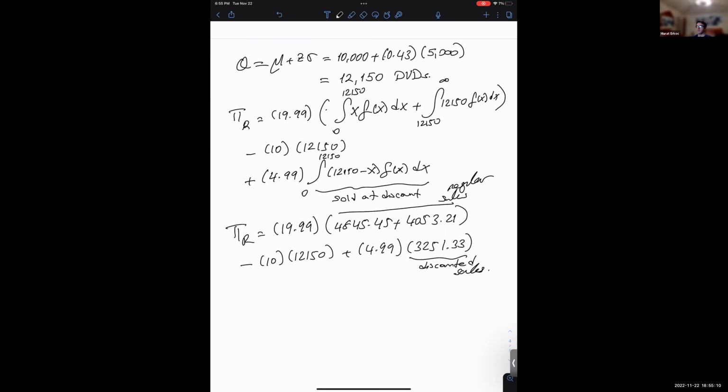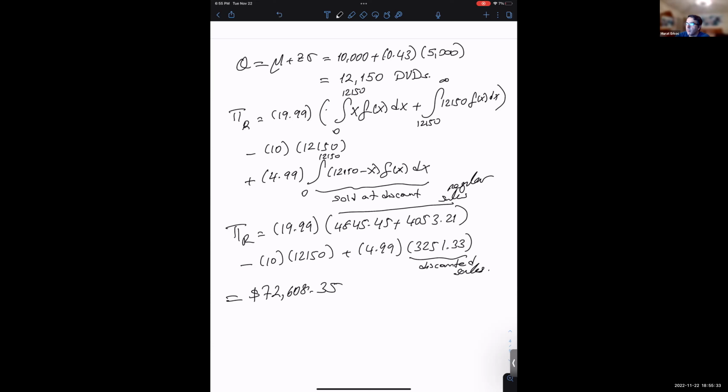And the total should be around 12,150. So in this case, plugging in all those numbers, we will get $72,608.35, and you can confirm that. And then that's it, I guess.